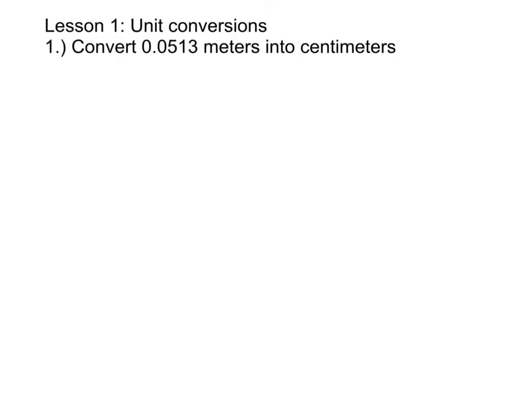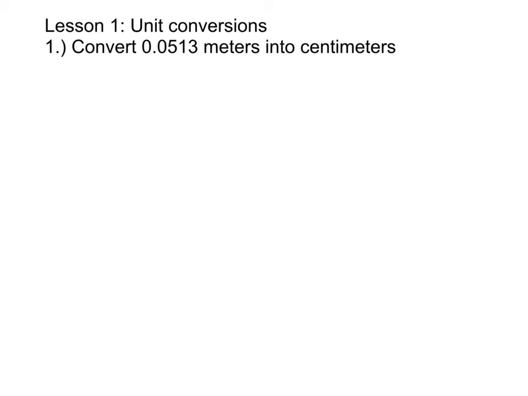All right, for this first example, we're going to convert 0.00513 meters into centimeters, and I'm going to show you how to do this using dimensional analysis. If you remember from your PowerPoint that you saw on iLearn, it talked about unit factors, and how a unit factor is just a ratio that is a conversion factor between meters and centimeters.